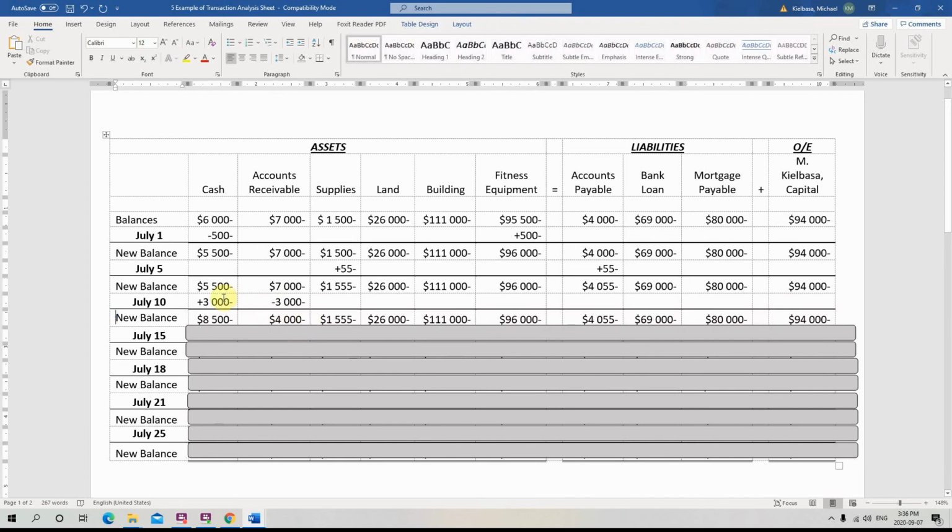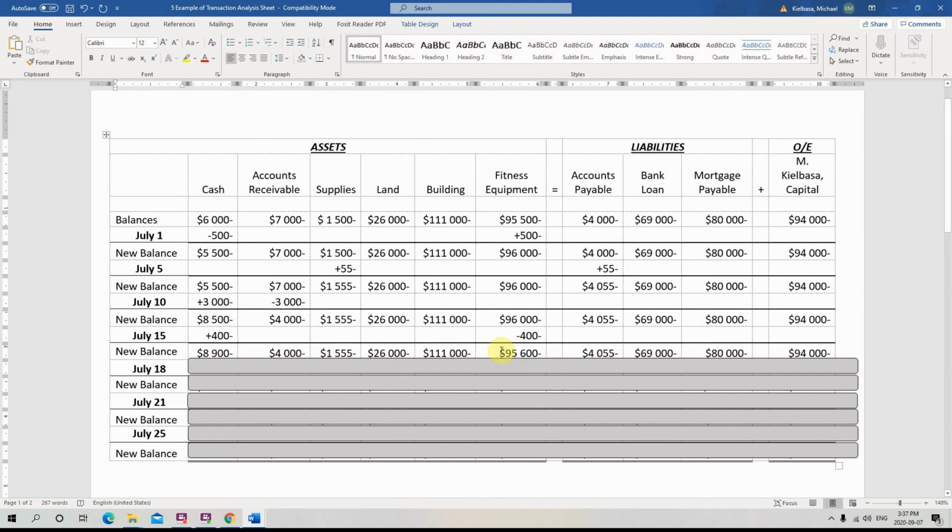All right, next one. On July 15th, let's assume that we return $400 worth of fitness equipment for a cash refund. So cash is going to go up 400 and our fitness equipment is going to go down 400. And then new totals.